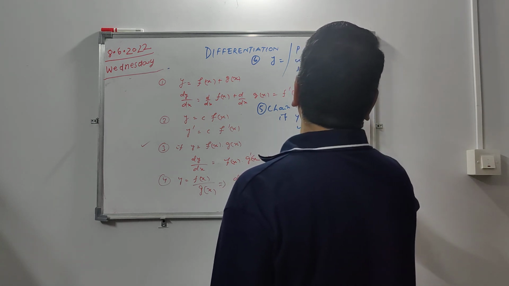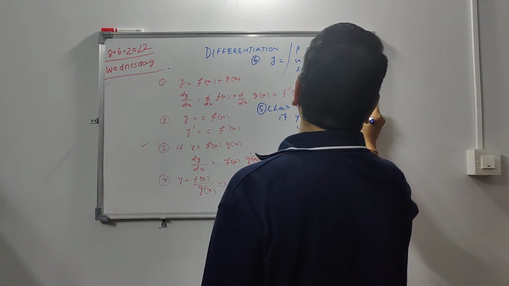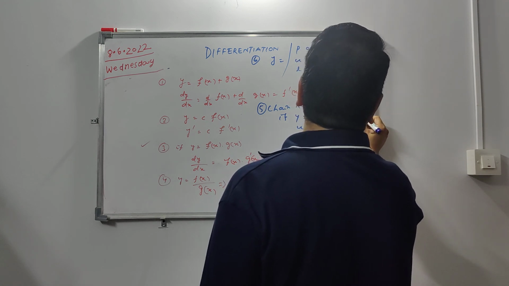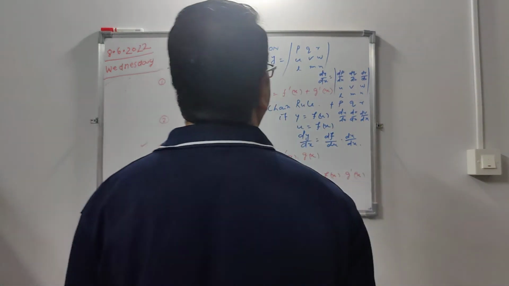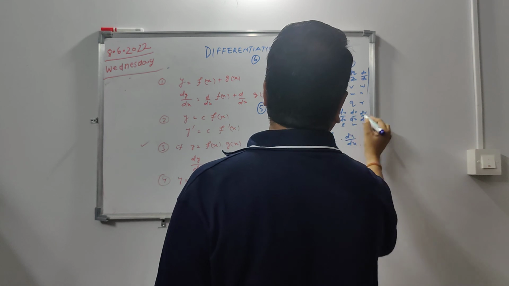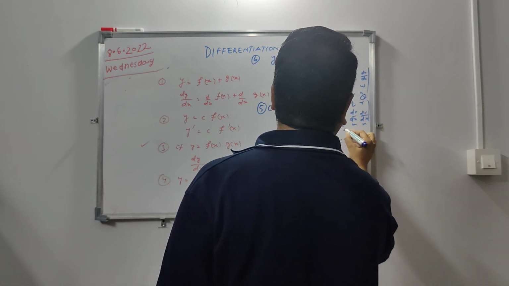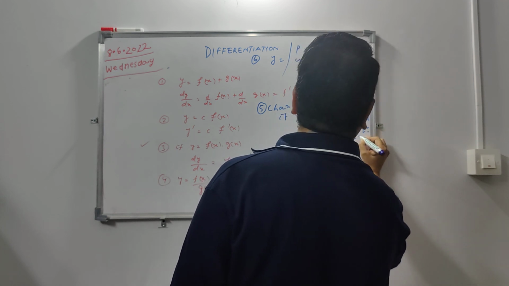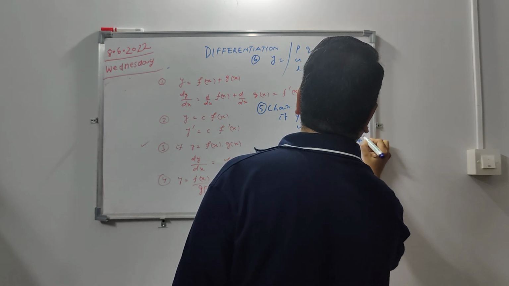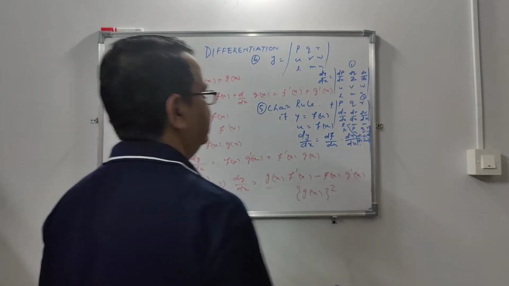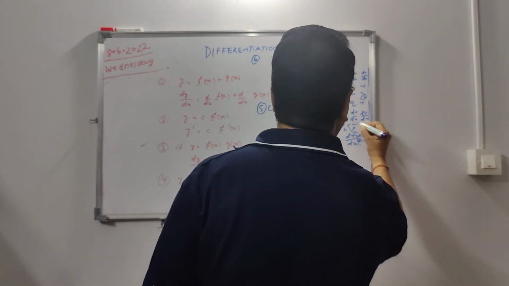The second term keeps the first and third rows constant: P, Q, R, then du by dx, dv by dx, dw by dx, then L, M, N. The third term has P, Q, R, U, V, W, then dl by dx, dm by dx and dn by dx. So it is the addition of 1, 2 and 3.